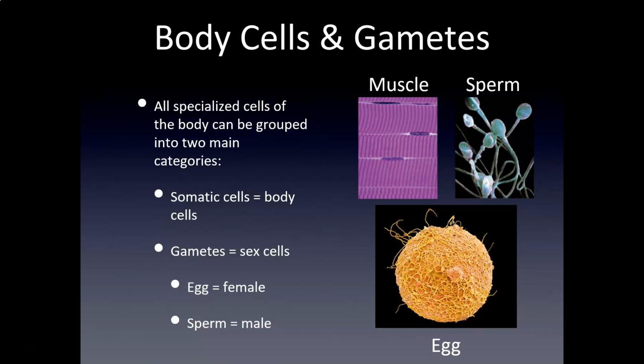But those gametes are going to be the major focus for us with meiosis, because those are the cells that get produced via meiosis and then come back together via fertilization to make the offspring. If you're a female, biologically, you produce eggs, and if you are male, then you produce sperm.